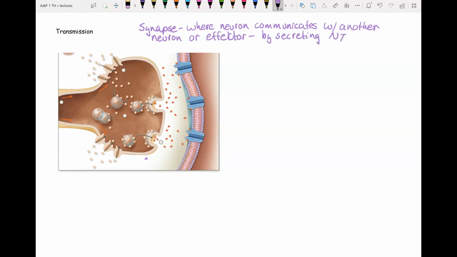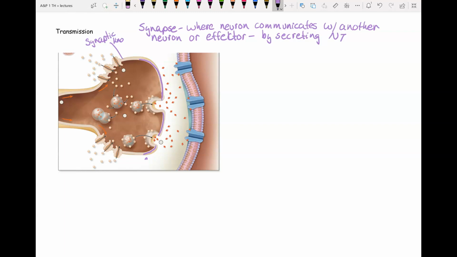So let's start by labeling some parts here. This area right here on your synaptic knob is the presynaptic membrane. So remember, this whole structure is the synaptic knob.